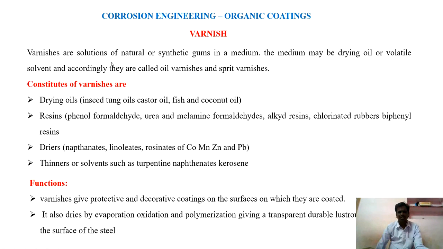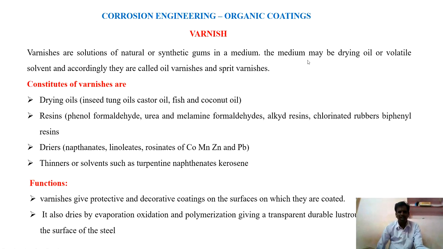The medium may be a drying oil or a volatile solvent, and these are called varnish or spirit varnish. So what is varnish? Varnishes are solutions which may be obtained naturally or synthesized in a laboratory. They are in the form of gums in a medium.